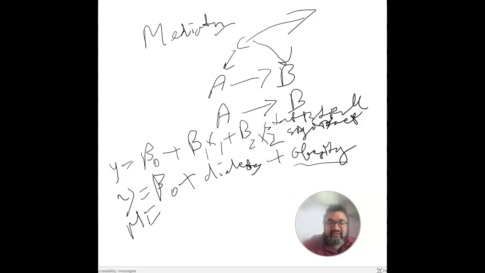This relationship right here is statistically significant. However, once you remove obesity, does diabetes still have a relationship with MI? And if the relationship is no longer there, then you know obesity is mediating this relationship. So that's how mediation works.